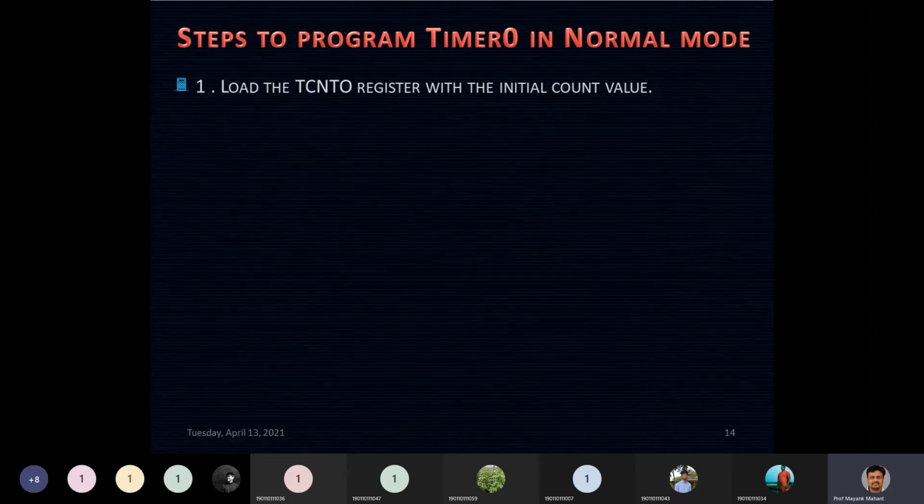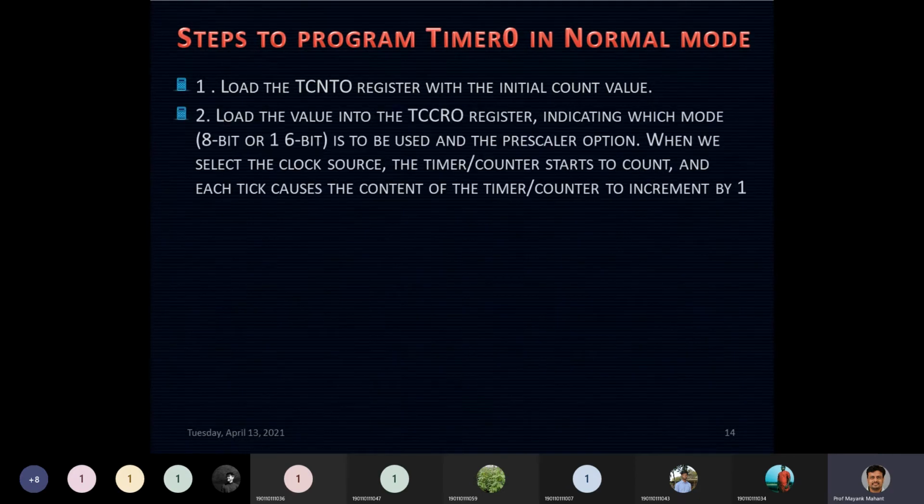Every time, it won't be the case that the time delay you want is a multiple of 255; it may be different values also. So first of all, we need to load the initial value of the TCNT register, and from that value it will count up to FF.